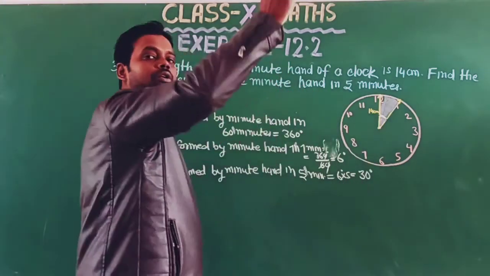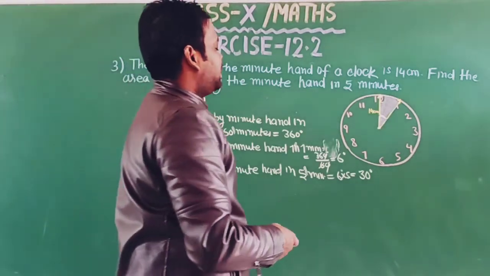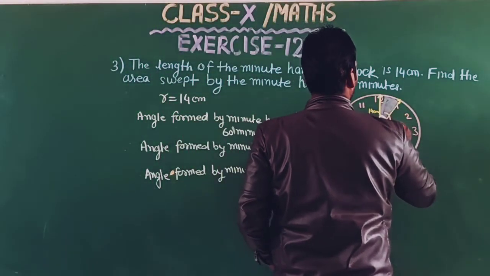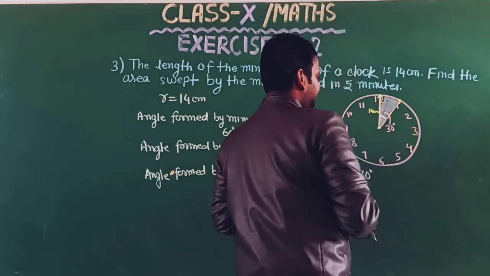Okay, so the angle formed by the minute hand in 5 minutes is equal to 30 degree.